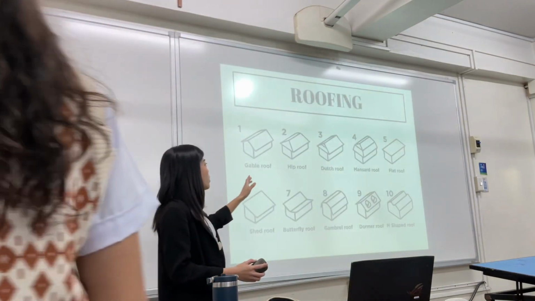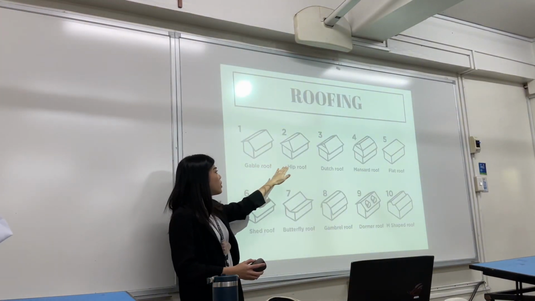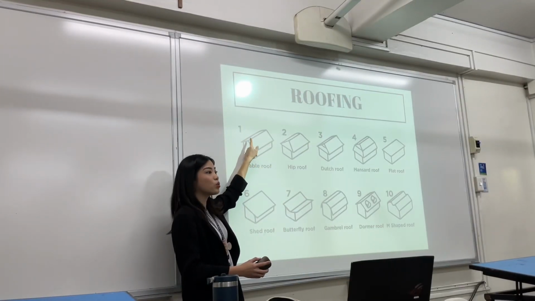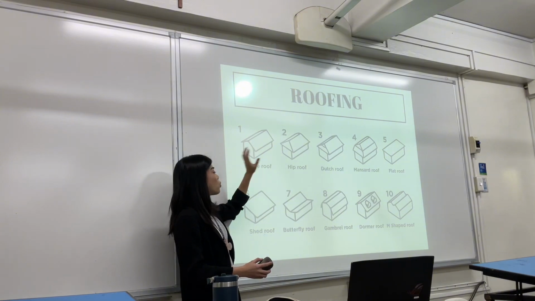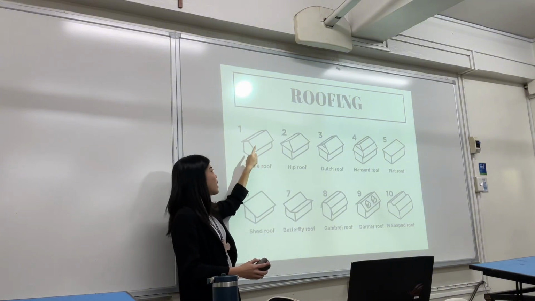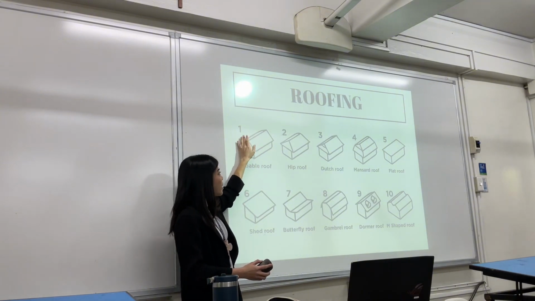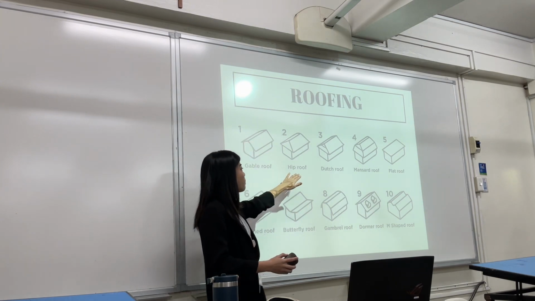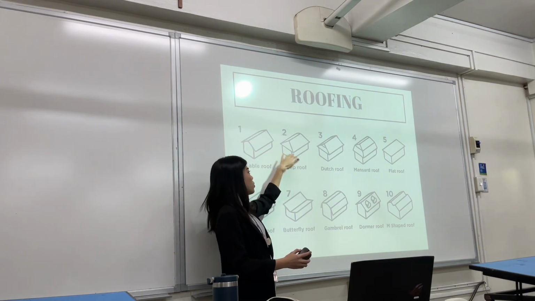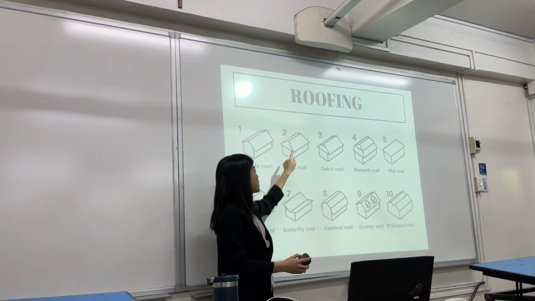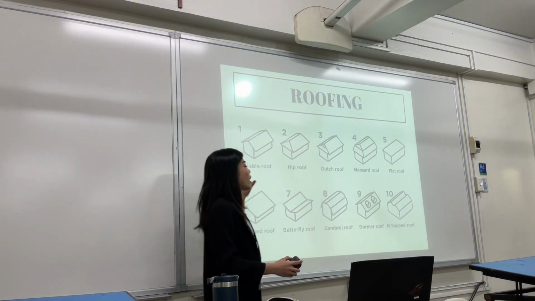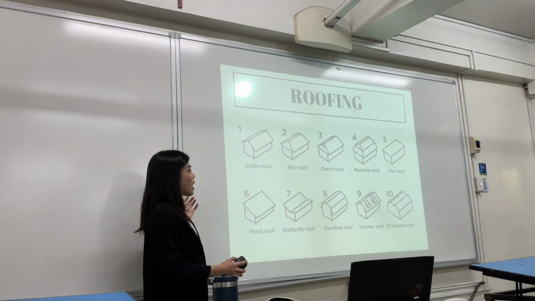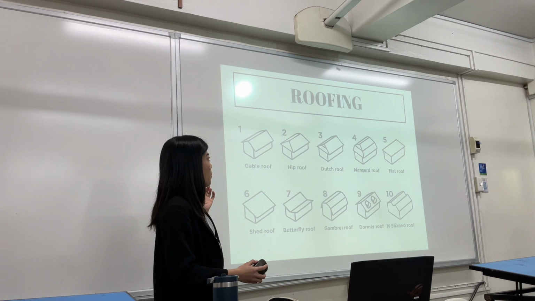So kung Tagalog yan siya, gable roof, ano difference? Two angles, two sloping sides of the roof. So kung Tagalog, dos aguas, kasi nga two angles ang roof niya. While the hip roof is 4 aguas kasi 1, 2, 3, 4. 4 sides ng roof ang naka-angle, ang naka-slope.